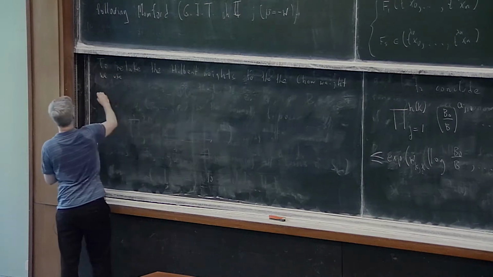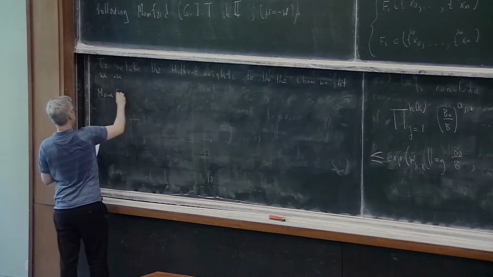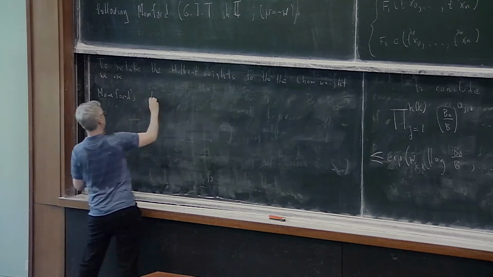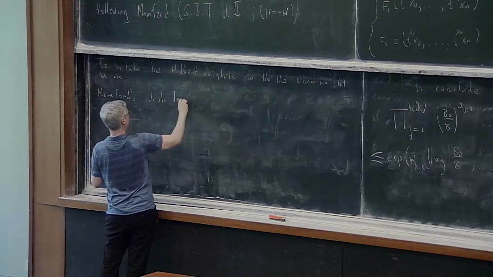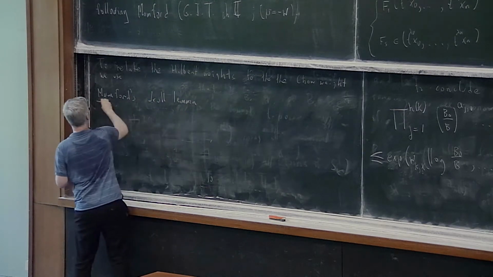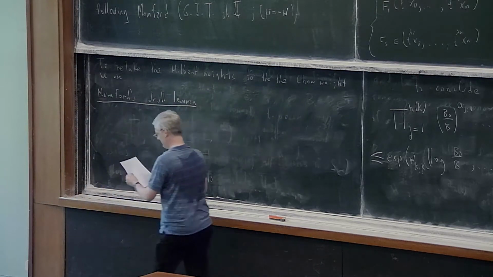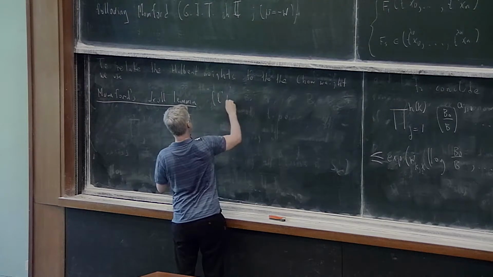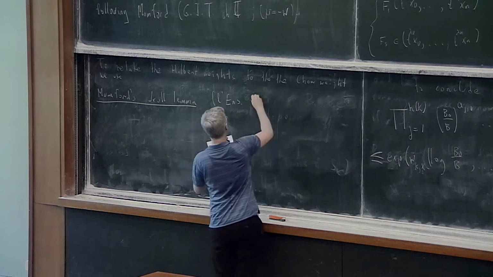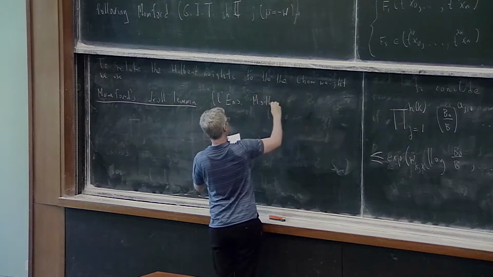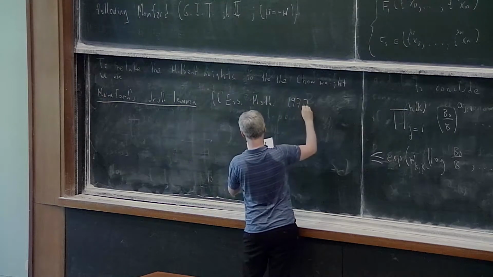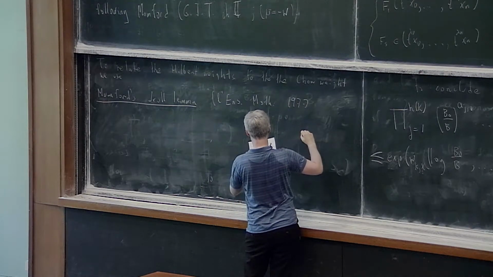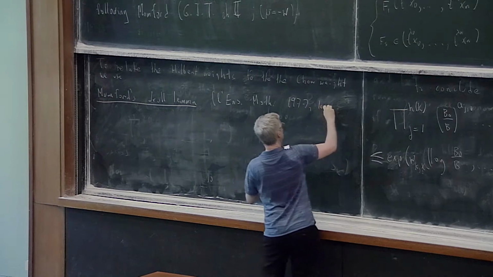It's called Mumford's droll lemma. It's in L'Enseignement Mathématique, 1977. I don't remember, did I write this page here? I can't read it. No, it's Lemma 2.14.